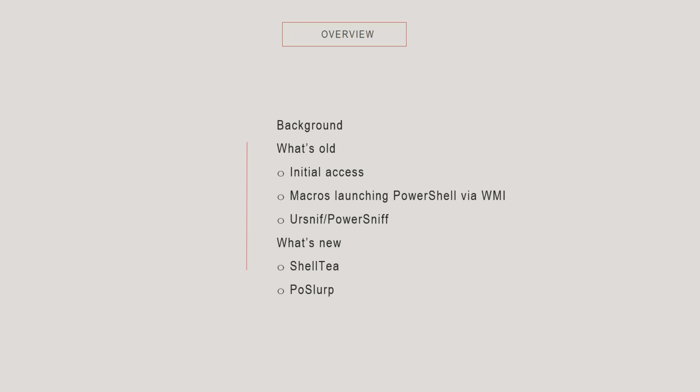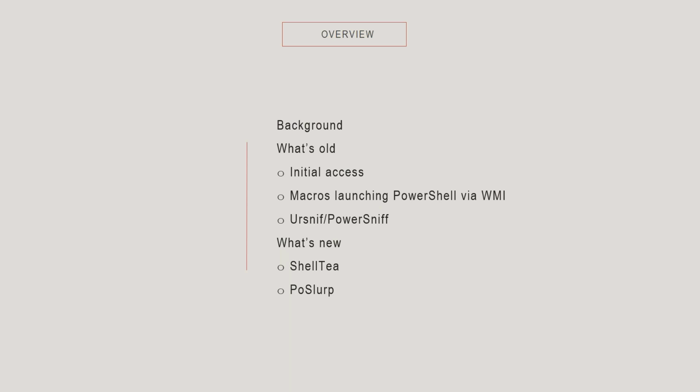First of all, I want to talk a little bit about the background: what happened prior to this point, what this actor has been doing before, and what other related malware has been seen before.